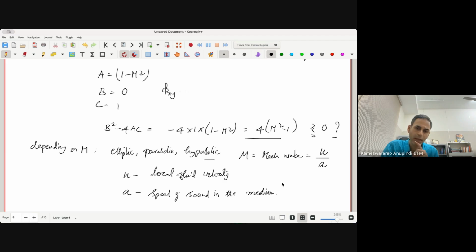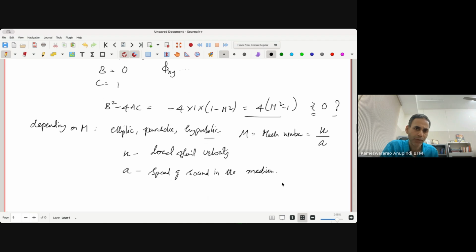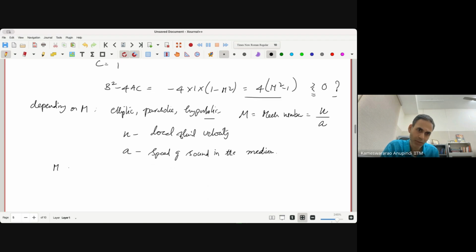Then M is the Mach number. So let us say you have M less than 1, that means u is less than a. That means the disturbances that are created are going to propagate at much greater speed than the fluid. The speed of sound is faster, and the fluid is actually moving slower than the speed at which disturbances are moving. So u is less than a.